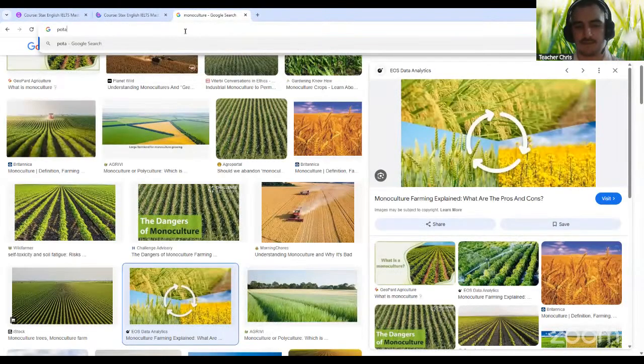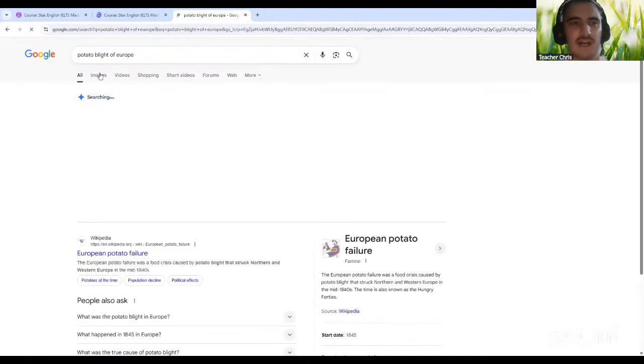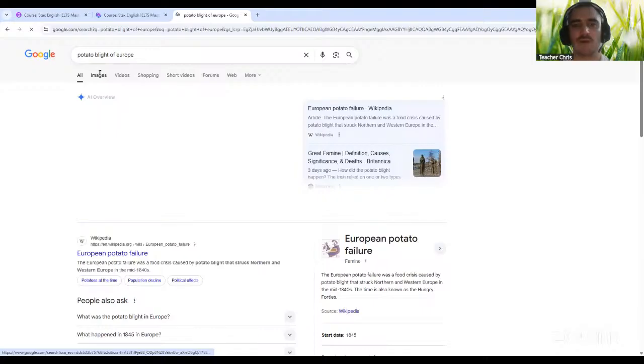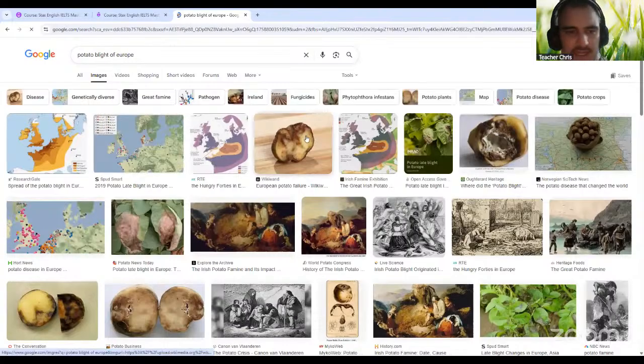So I'm going to write in the potato blight of Europe. Okay. So the potato blight was a disease caused by a fungus, and it made potatoes look like this. Now you can't eat that potato, right?